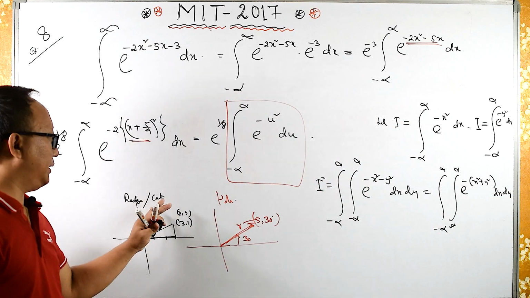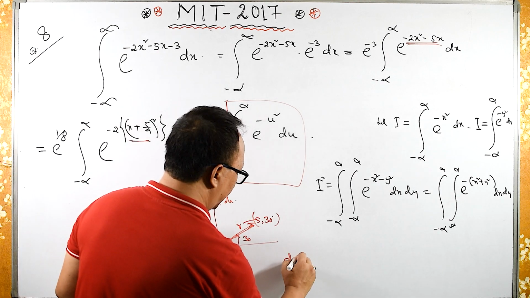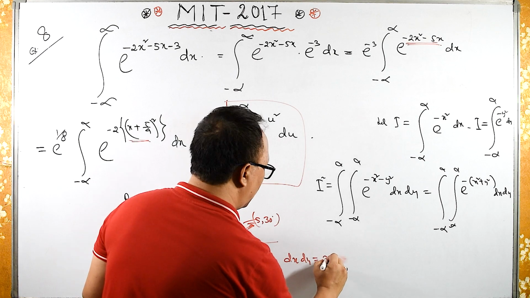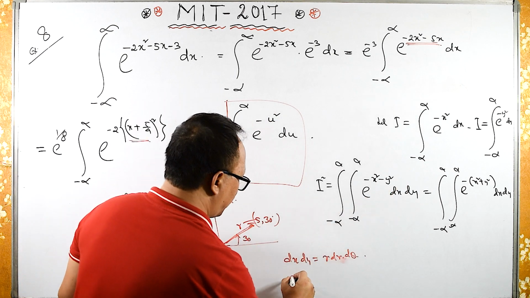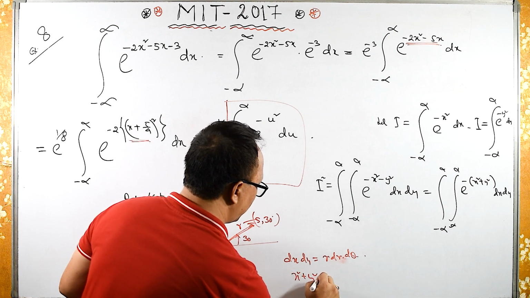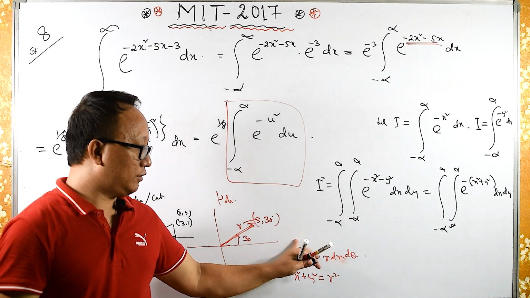There is a relation between Cartesian coordinates and polar coordinates. We have dx dy equals r dr d theta, as well as x square plus y square equals r square. This is the conversion from Cartesian to polar.